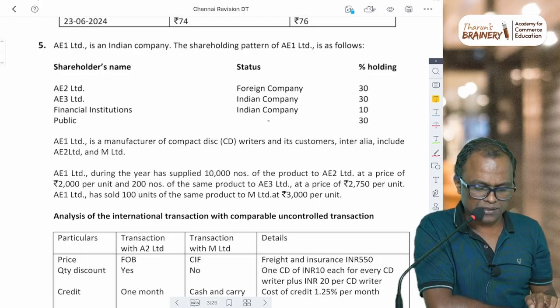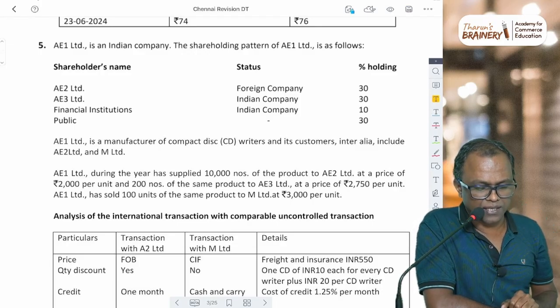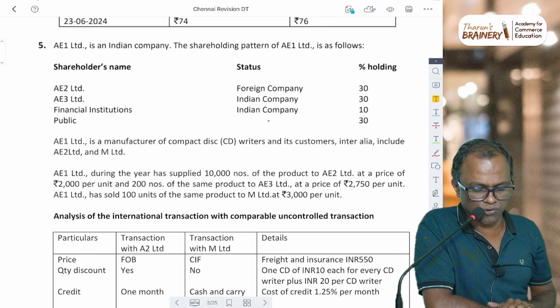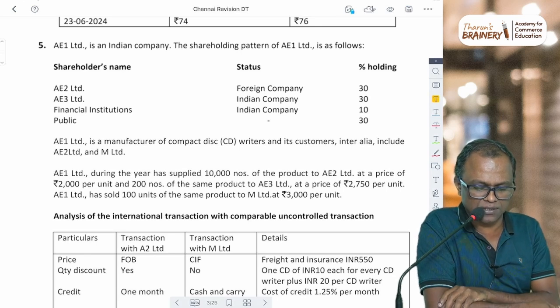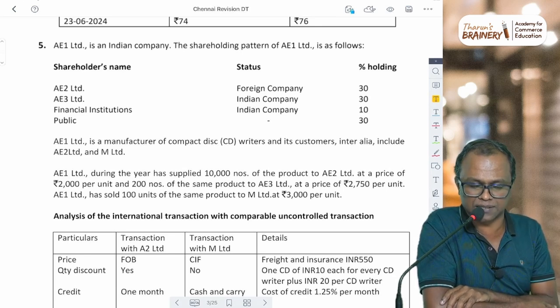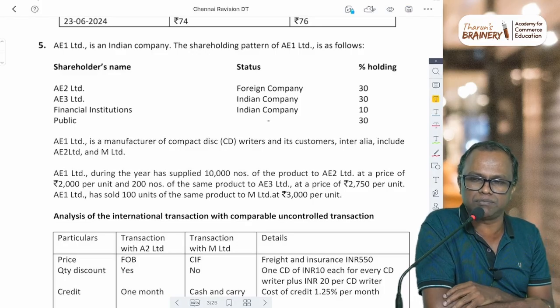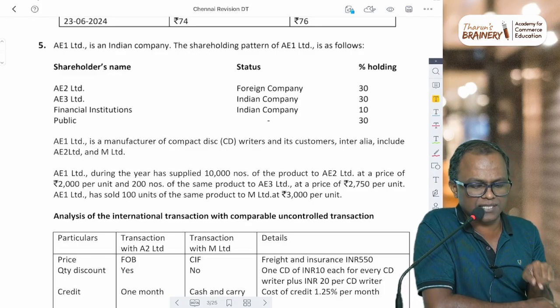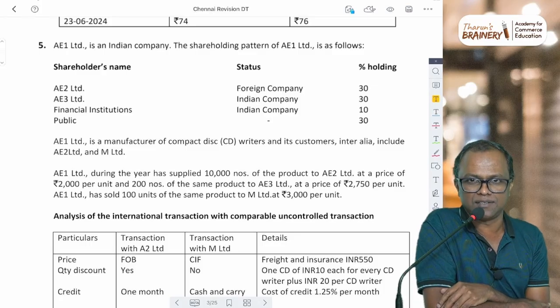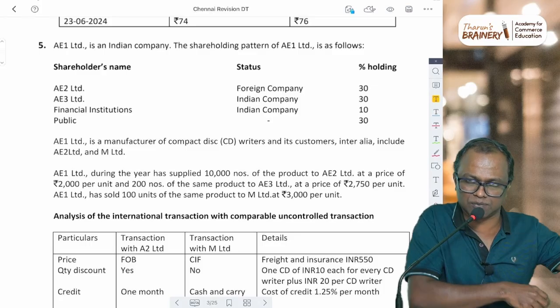So here the transfer price transaction is with AE2 Limited. They sold 10,000 numbers. That is the related party transaction because it is a foreign company, non-resident. With the Indian company AE3, 30% holding, that is not an international transaction, because to be an international transaction, at least one party should be non-resident. So the transaction with AE2 is the international transaction, that is transfer price.